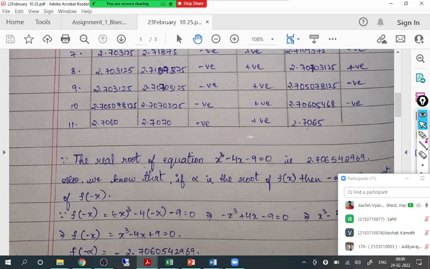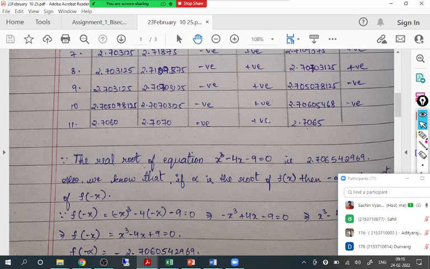So here 7-8 iterations we generally require at minimum, and depending on how many decimals you are considering, whether you are rounding up or not, that also affects the number of iterations. So the choice is yours, but the answer will be nearly unique. Like here 2.706 is the answer he wrote. Someone who wrote 2.705 or 2.708, that is also okay. So these answers are considered correct.